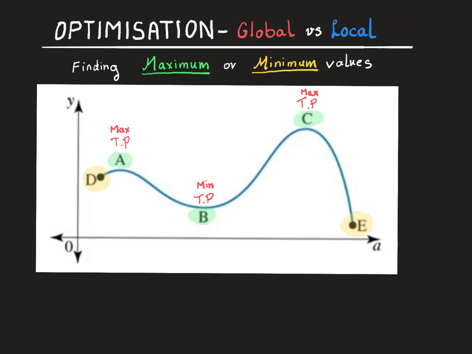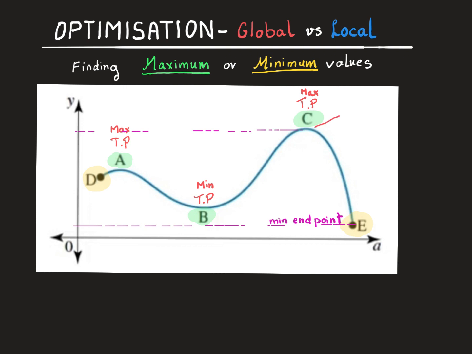Overall, where is the highest point? The highest point on this function would be C, the maximum turning point. Now, where would be the lowest point? The lowest point is not a turning point, but just an endpoint.